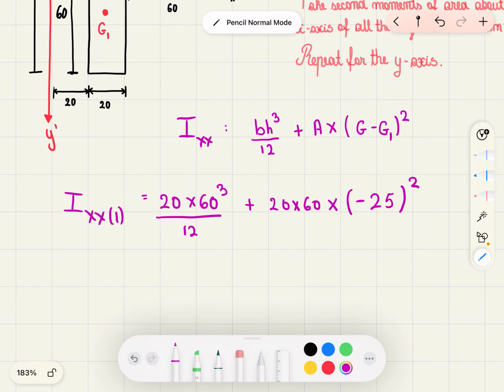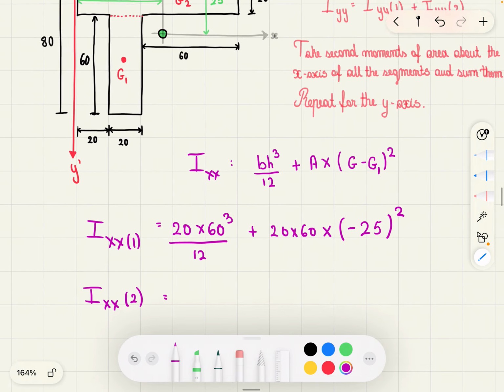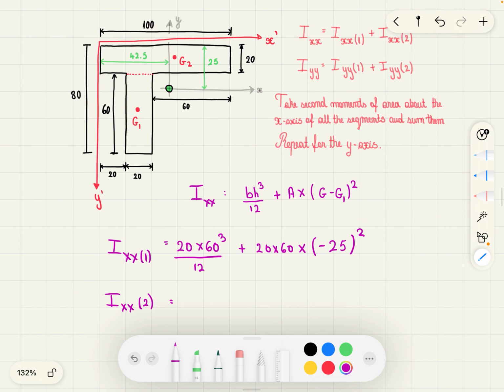And then to find Ix2, same thing with the top shape.